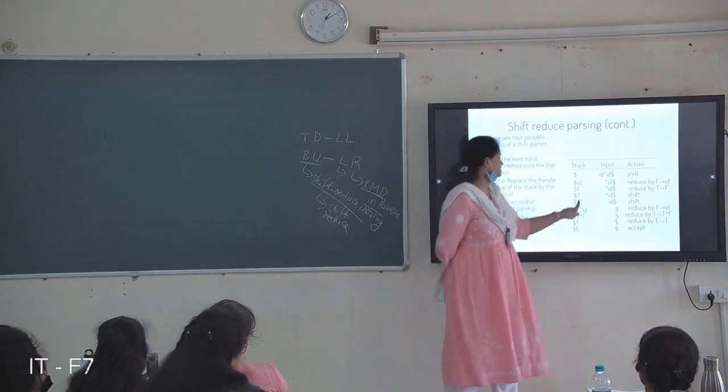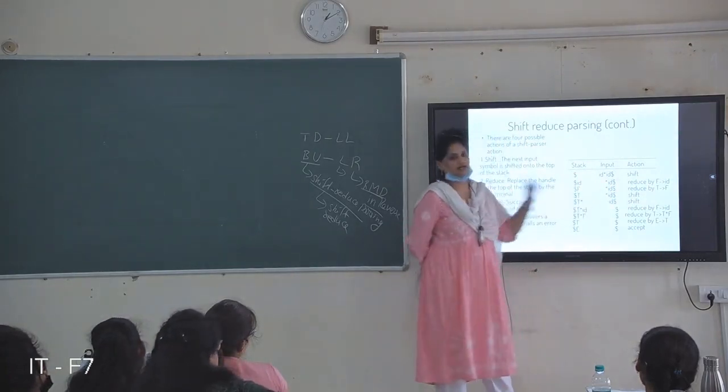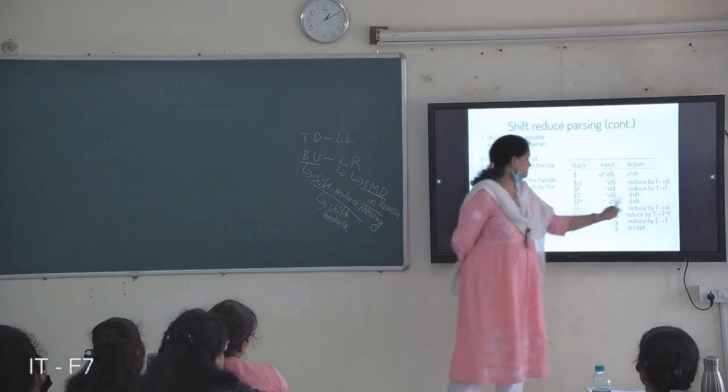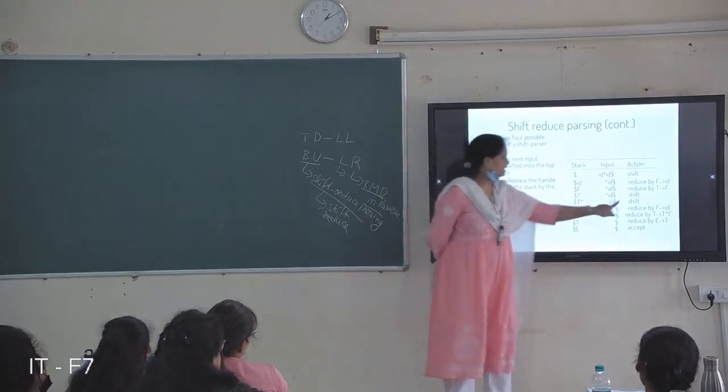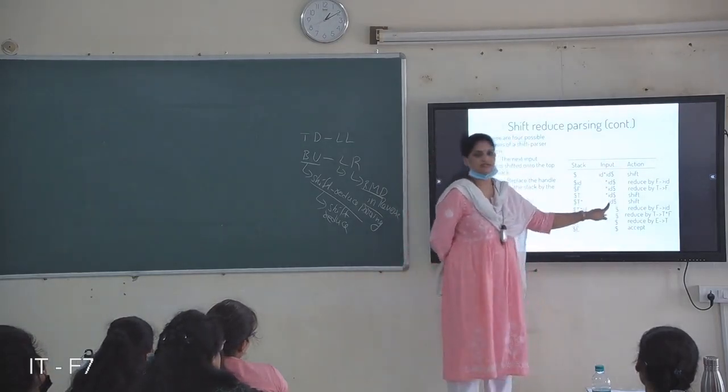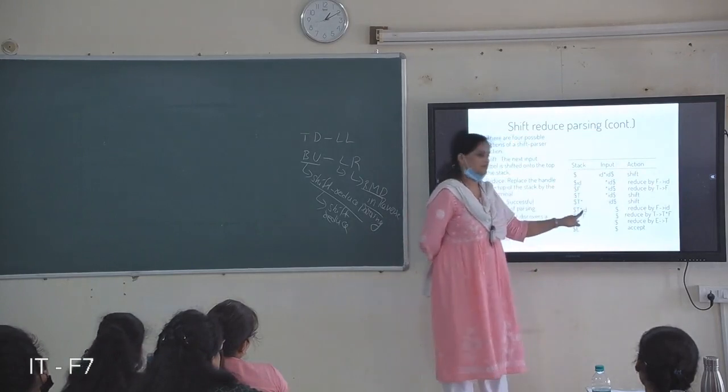Shift the symbol onto the stack. Star is shifted: T star. Again T star is not a handle, so we shift the next input symbol, that is id. Id is shifted.